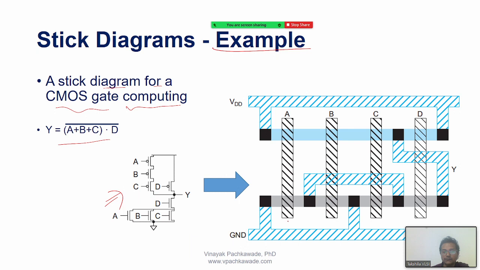Actually 3 transistors in series, and 3 transistors are in parallel, and the 4th transistor is in series with that. So look at the optimization of the layout. This layout is so compact, and this is how you should learn to draw your layout with paper and pen, and also using an EDA tool.